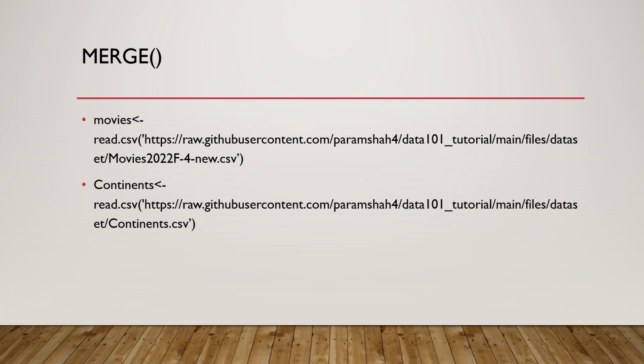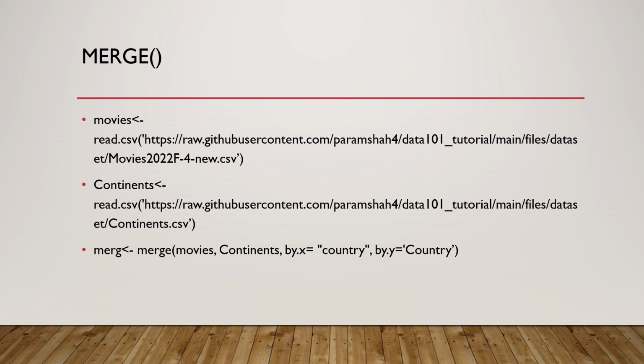So we upload another data set and we form another data frame using read.csv and data frame based on continents, country and continent, basically two attributes. And having them together, we can merge movies and continents by country. So country is present in both data frames, in movies and in continents, and we can combine them by joining, this is a term used in databases, by country.